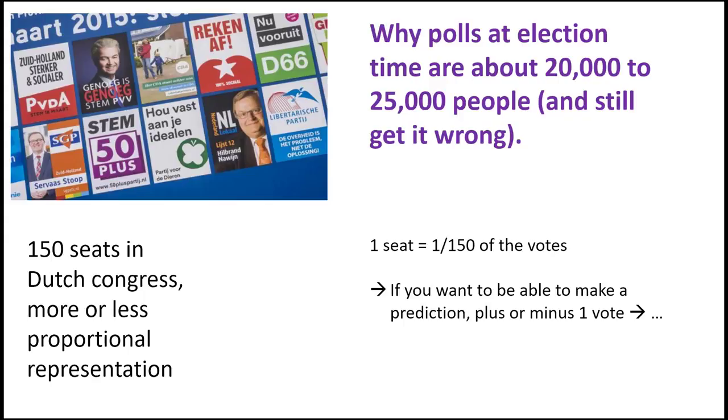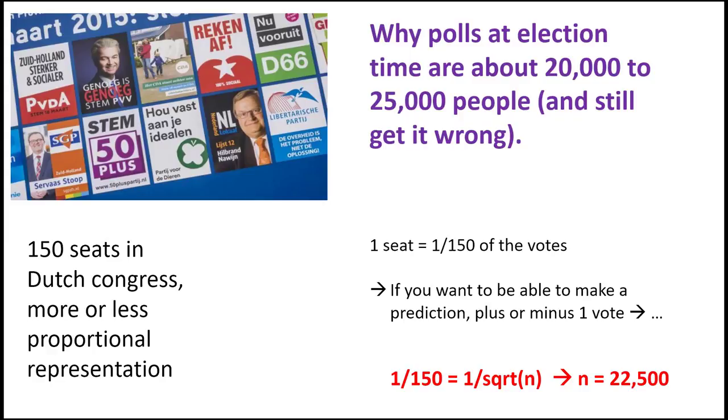If you can double check at some point what the sample size is that they get, you will always see that what they come up with is a number somewhere between 20 and 25,000. And that is not so weird, because that is exactly coming from that 1 over square root n rule. If you want to be able to make a prediction of a proportion, and that is what we're doing here, plus or minus something, and that something should be 1 seat, and that seat is 1 over 150, then that square root n rule gives you, well, 1 over 150 should be 1 over square root n, which makes n equal to 22,500.